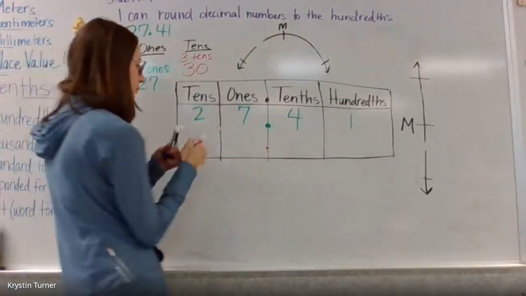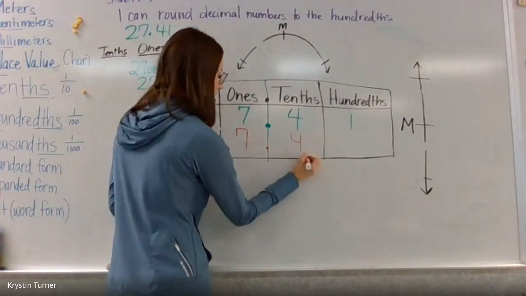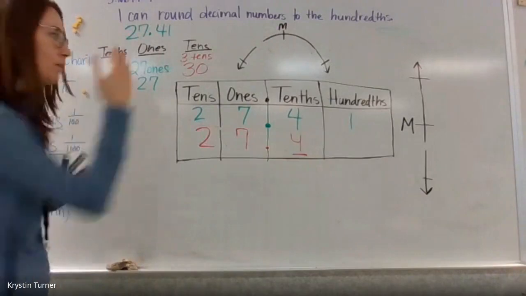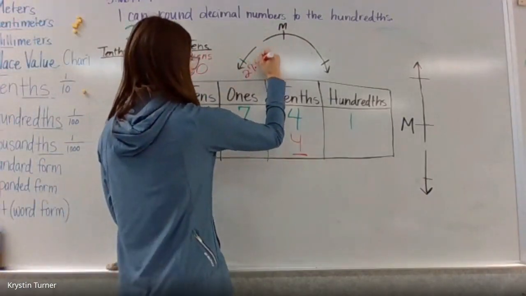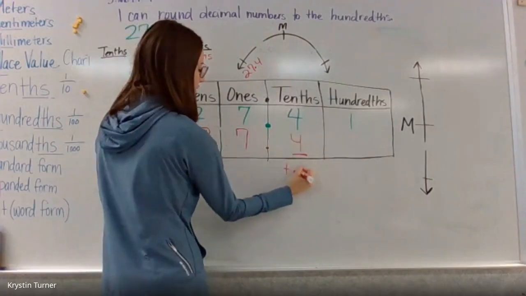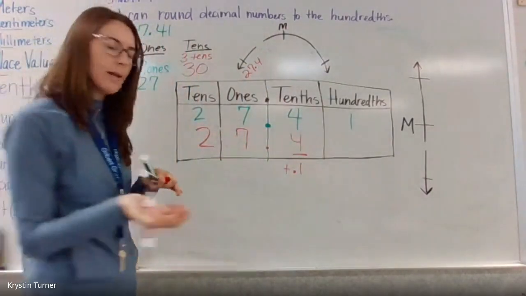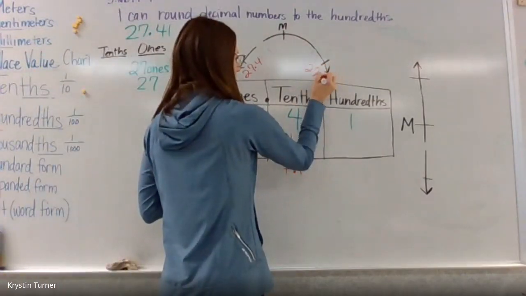Then I'm going to add a tenth to that. So 4 dimes plus 1 more dime would be 5 dimes, so 27 and 5 dimes, or 27 and 5 tenths.